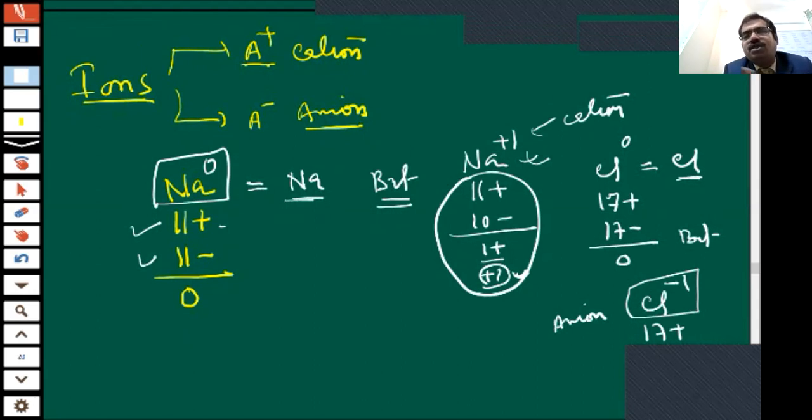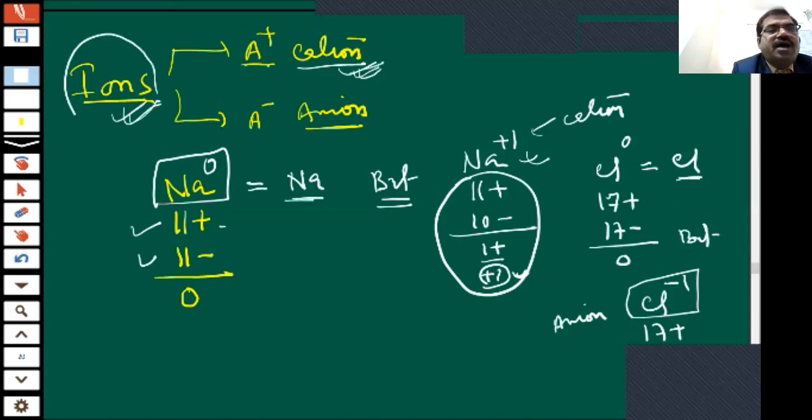So it is a creation of nature that some elements want to lose electrons and some elements want to gain electrons. And accordingly, their nature changes. Some particles become cation and some particles become anion. All cations are ions.